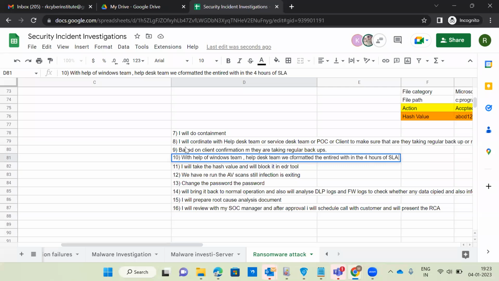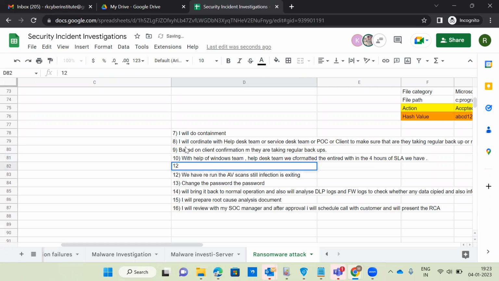Okay, so 4 hours of SLA means we have to complete in 4 hours. The Windows team or asset team already has a ready-made laptop. Ready-made means one of the laptops is already available. They are not using it, and it doesn't contain any configuration.